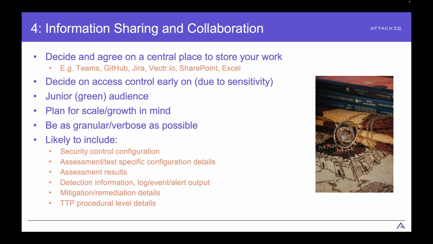You're going to have config specific information around the assessment or the testing that you're doing, around the detection information that you're seeing or not seeing in your SIEM or in your security control, right? So that could be a raw log message as an artifact. There's going to be information around mitigation and remediation, the TTP procedural level details that you're actually executing, whether they're atomic, whether they're anatomic type of tests, and so on.